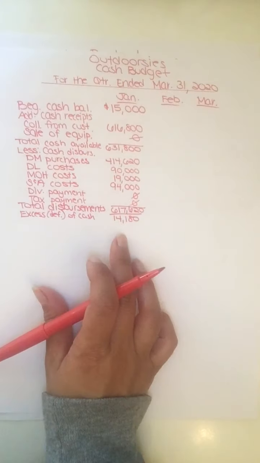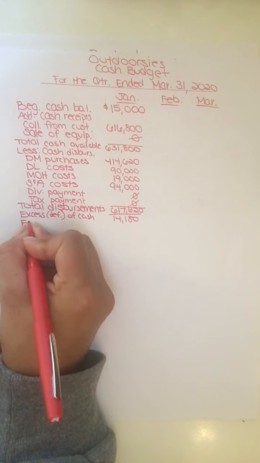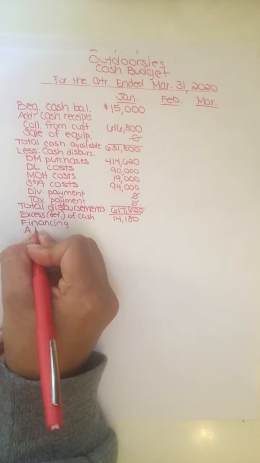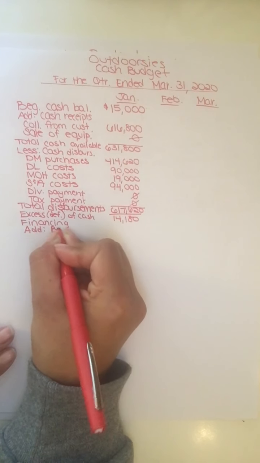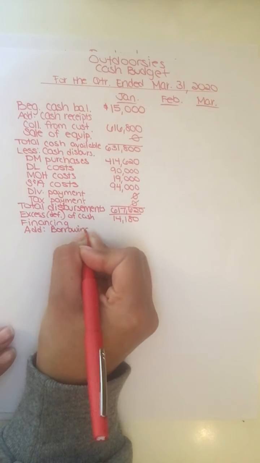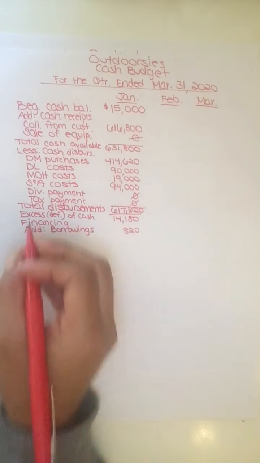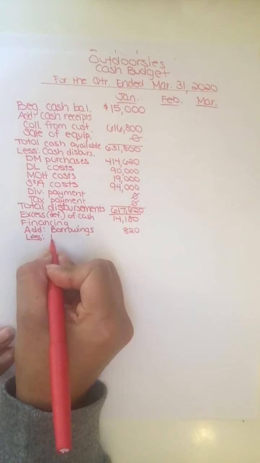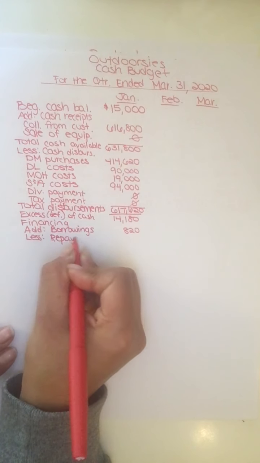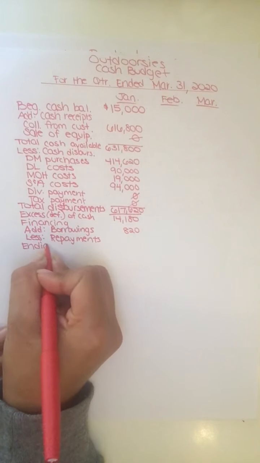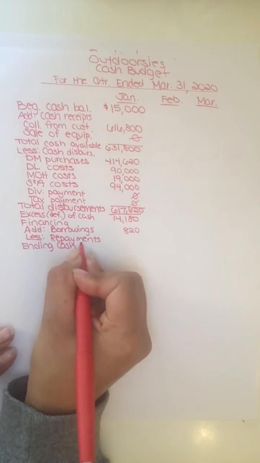So we did fall below our $15,000, so let's go ahead and add in our financing section. Add borrowings. How much do we need to borrow to get us to $15,000? $820. Let's leave room for our repayments for when we finally have enough cash to repay, and that gives us ending cash balance.